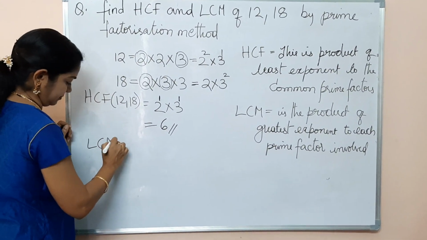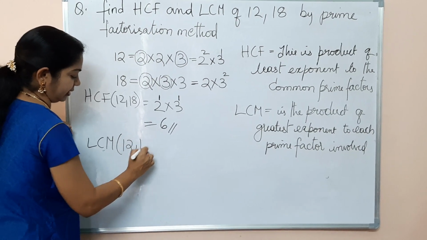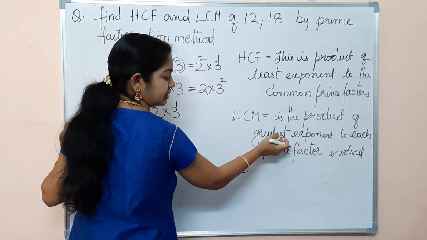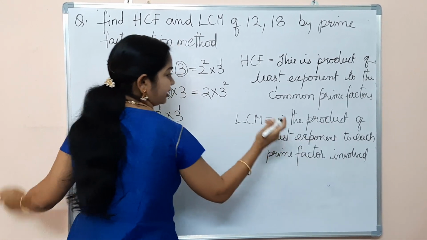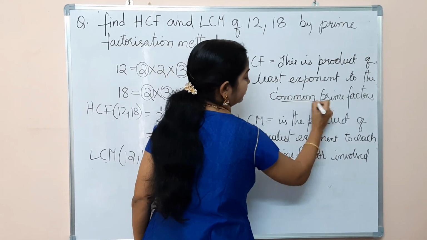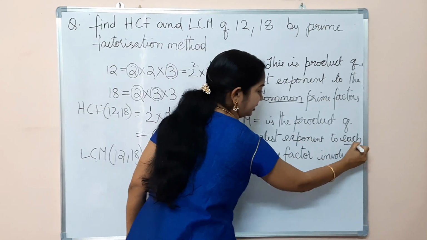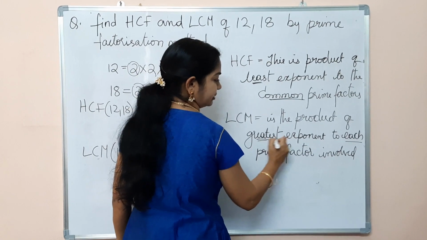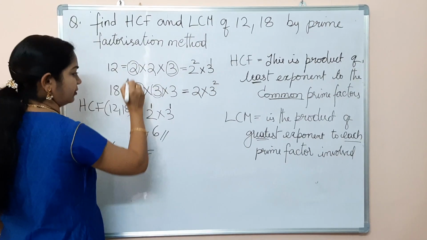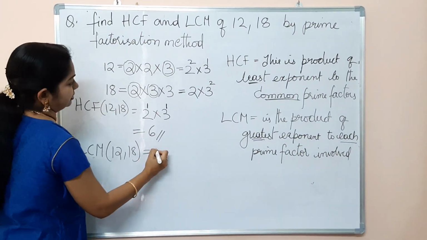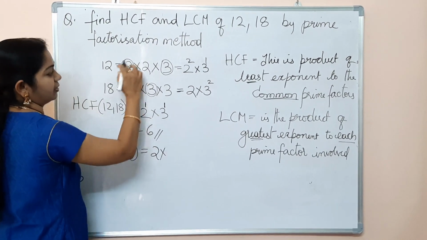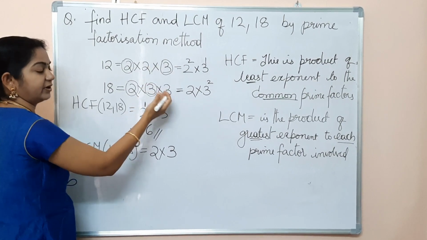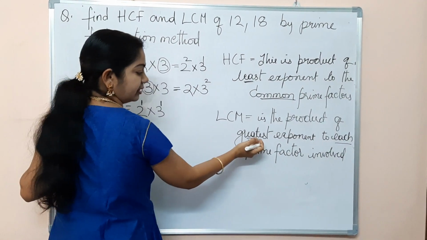Likewise, the LCM of 12 and 18. We said the LCM is the product of the greatest exponent of each prime factor. Remember, for HCF we noted common factors with the least exponent, and for LCM each and every prime with the greatest. So I'll write all the primes involved here: 2 and 3. That's it. We don't have 5 or 7, isn't it? And we write the greatest exponent.